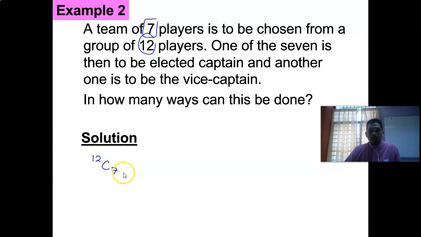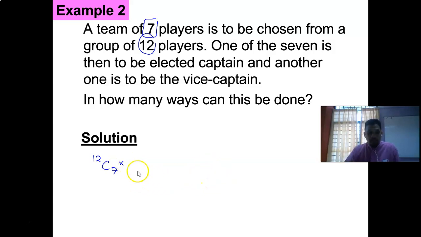12C7. Okay, from the 12, I have the 7 best players out of 12. One of them will be elected as a captain and another one is a vice captain. So there's only one captain and one vice captain.